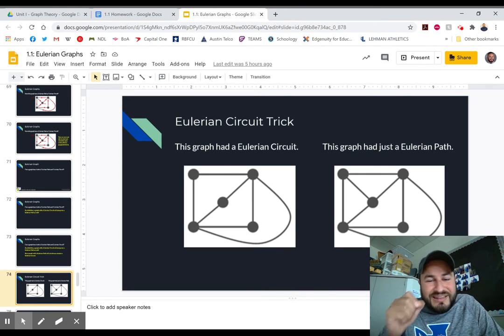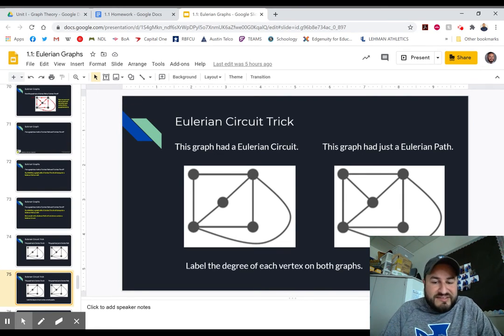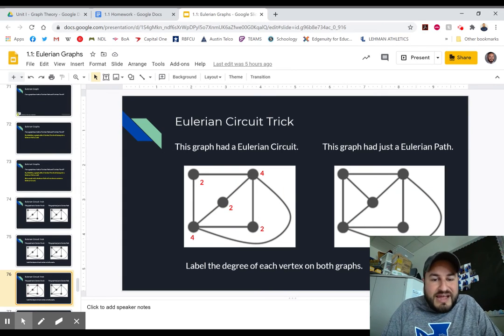I'm going to label all of the vertices on both of these graphs with their degree. Remember, degree stands for the number of edges that touch the vertex. On the one on the left, this top left vertex has a degree of 2 because 2 different edges touch it. The one on the top right has a degree of 4 because 1, 2, 3, 4 edges touch it, and so on.